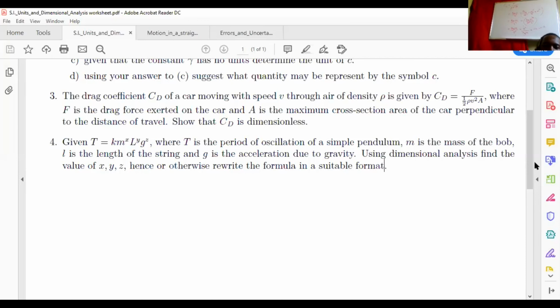And also please note that k there is a constant, so that means it has no unit.